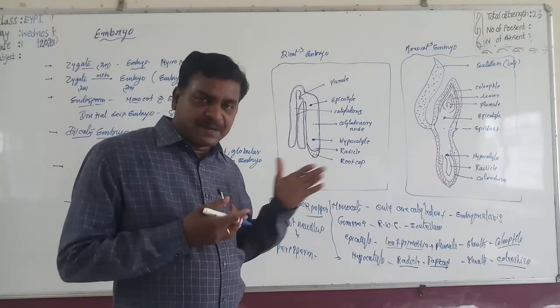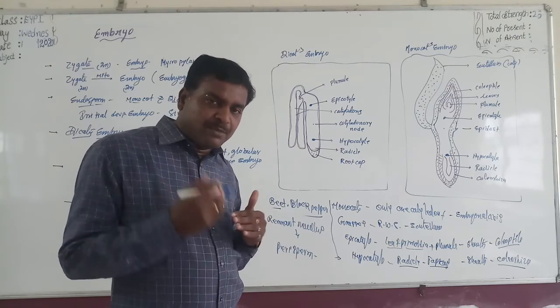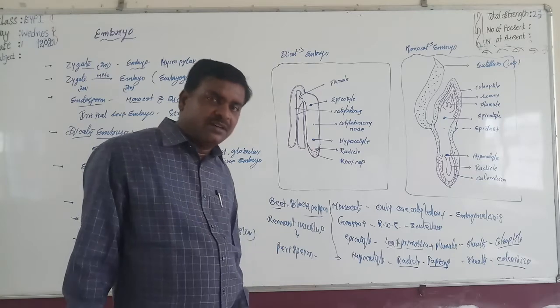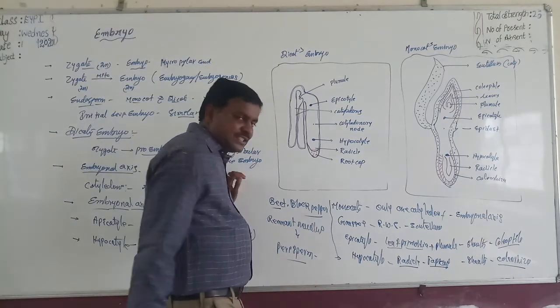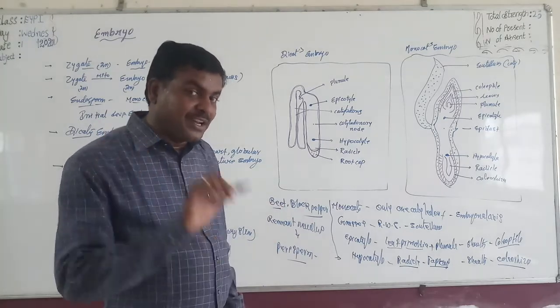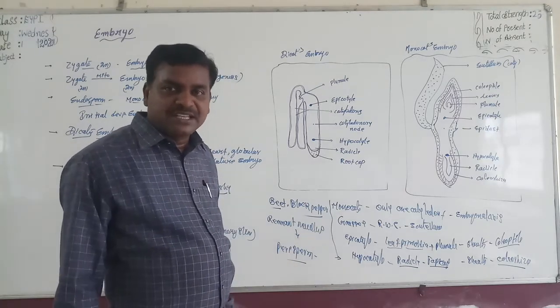When this nucellus is present in the ovule, it is called nucellus. When some amount of nucellus is left inside the seed after completion of fertilization, it is called perisperm. Students, what is the ploidy of perisperm? Perisperm is nothing but nucellus.